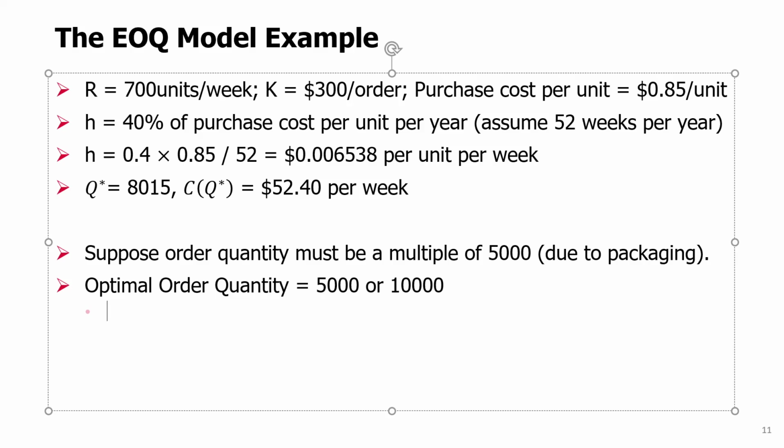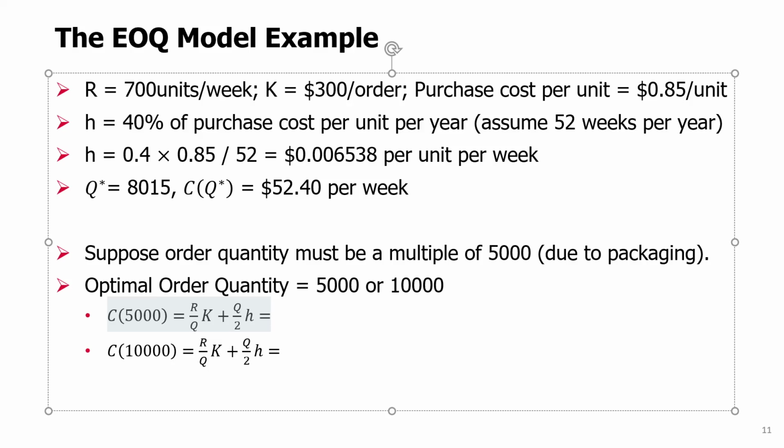I have to evaluate the total cost, given by this formula, at quantity Q equal to 5,000, and also evaluate the same formula at 10,000, see which one gives a lower cost, and then choose the quantity that corresponds to the lower cost.